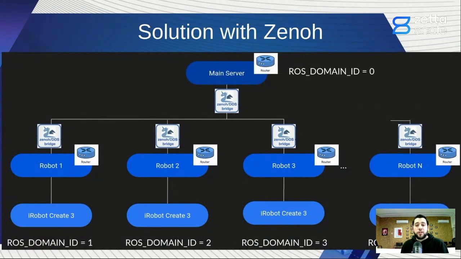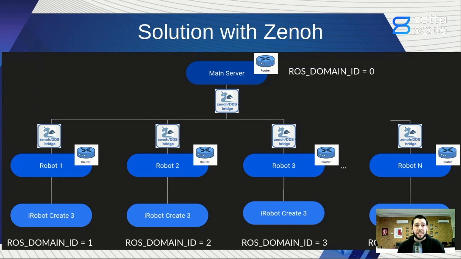So this is a diagram of the solution we implemented with Zenoh. As you can see here, it consists of a main server at the top with the robots connected to that main server.